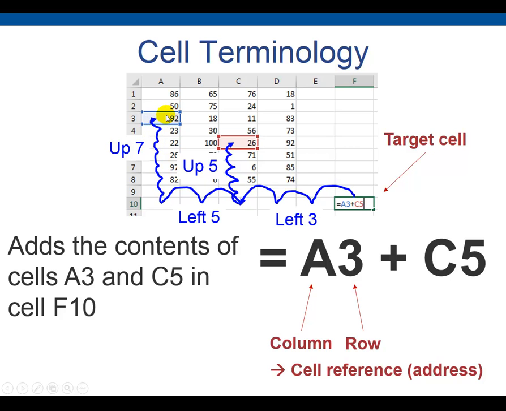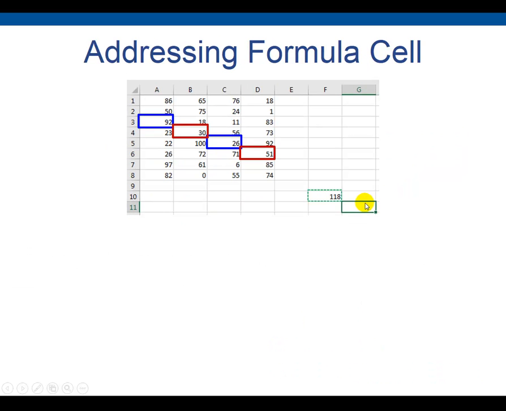Here, 92. So A3 is left 5 and up 7. C5 is, from here, left 3 and up 5. This is reference addressing. So for example, this is the result. If we sum 92 plus 26, that is 118, with relative addressing.